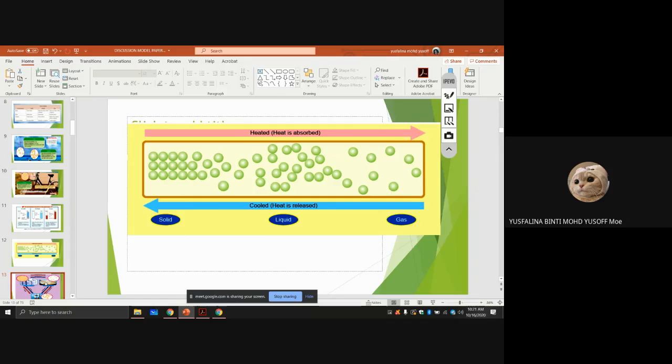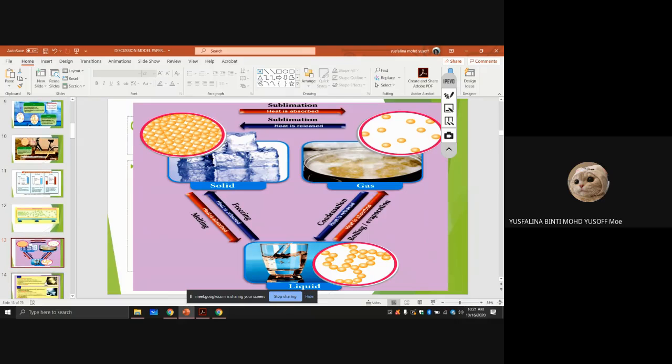Alright, so what is the name of the process? From solid to liquid, we call it the melting process. From liquid to gas, that is called the boiling process or evaporation.